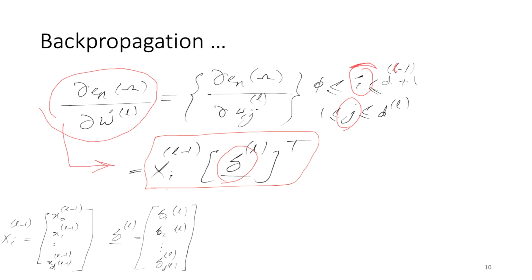So in a vector space, your x_i of L minus 1, you could represent it as this vector: x_0 of L minus 1, x_1 of L minus 1, up to x_d of L minus 1. And then this vector would have some values as delta_1 of L up to delta_d of L in a layer L, right?